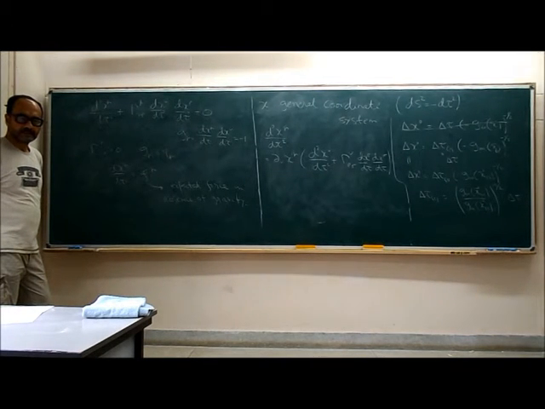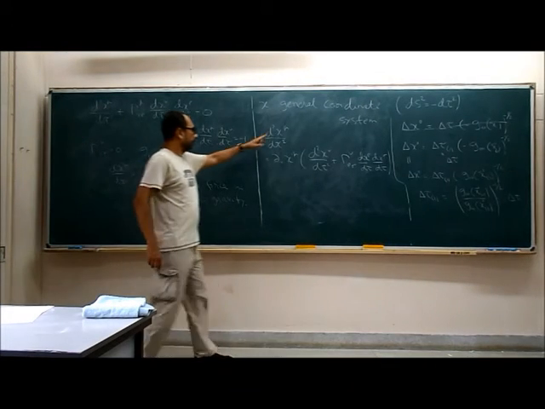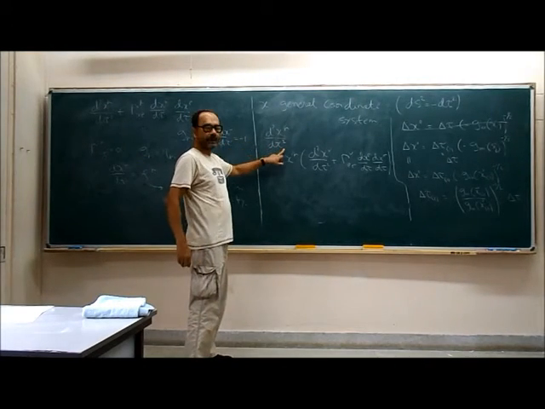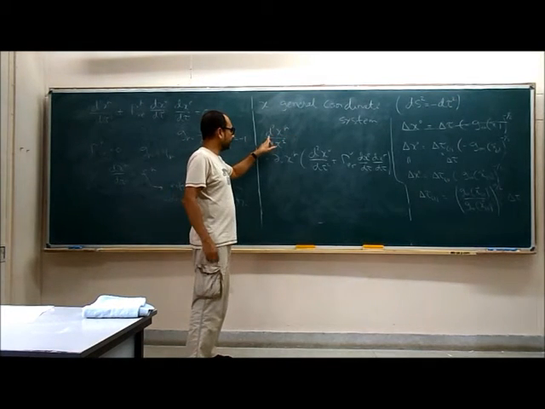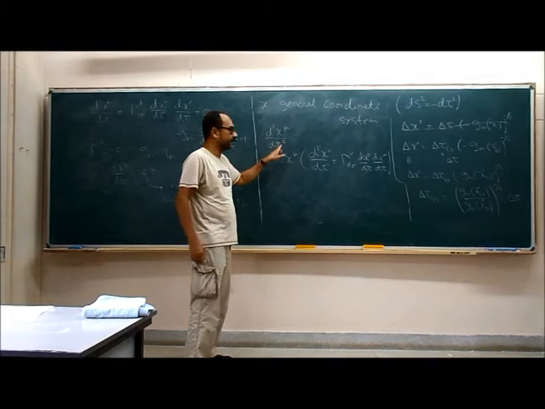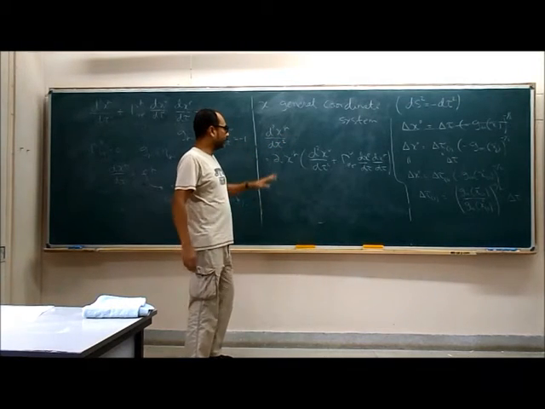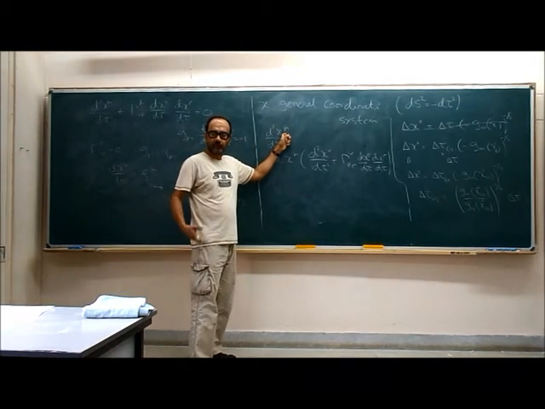Is this clear? Can you repeat it actually? Yeah, this quantity, d2 x prime mu d tau square. X prime is a function of x, so you can just rewrite this in terms of d2x d tau square and other things. And that will involve the second derivative of x prime with respect to x, for example.